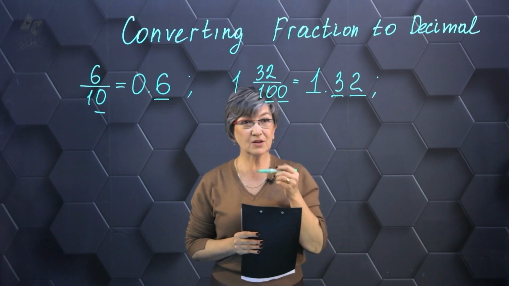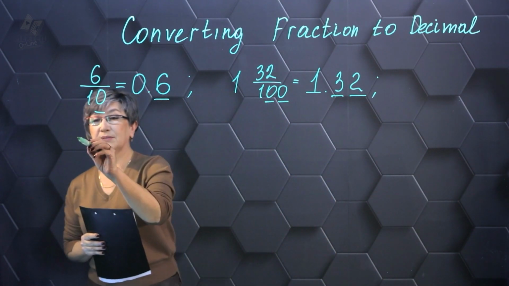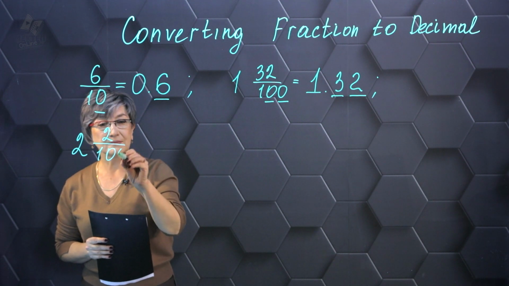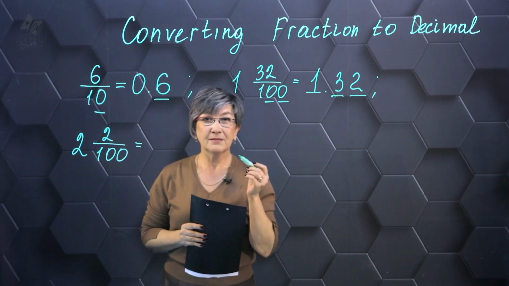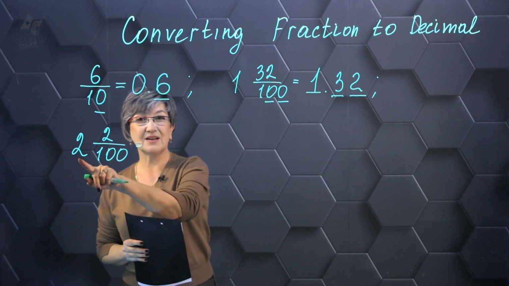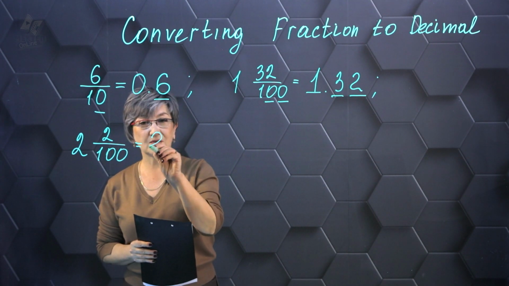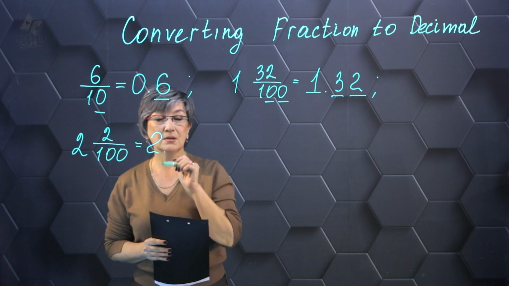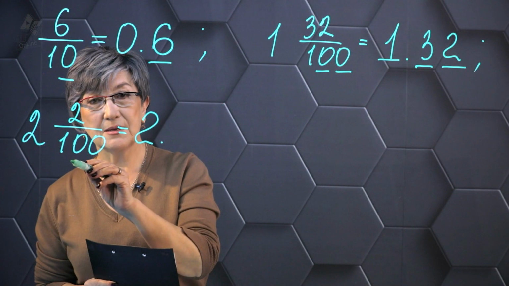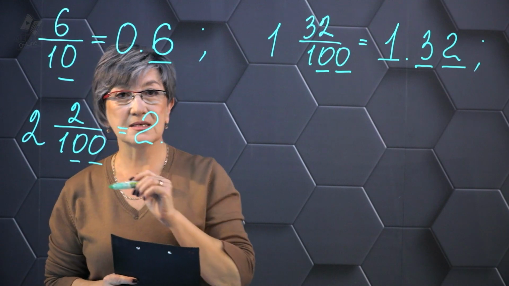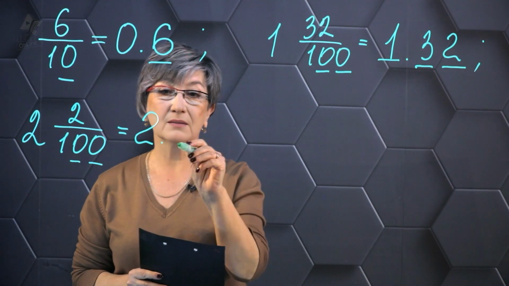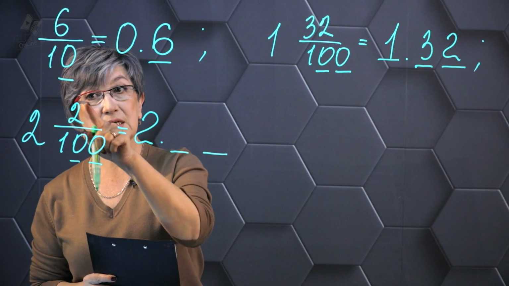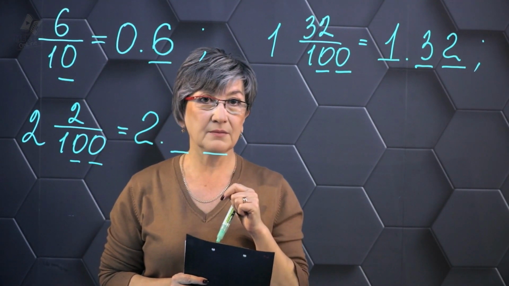hundredths. Let's complicate the example a little bit. So 2 whole 2 hundredths. We can easily write down the whole part. That's 2 wholes. I write down 2 wholes. To show that it's the whole part, I put a point. Now, after the point, I have to write 2 digits, that is, a first digit and a second digit, but I only have 1 digit in the numerator.